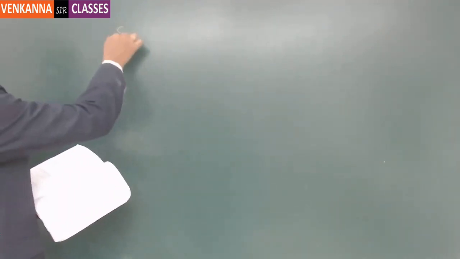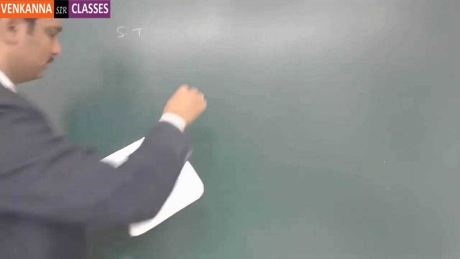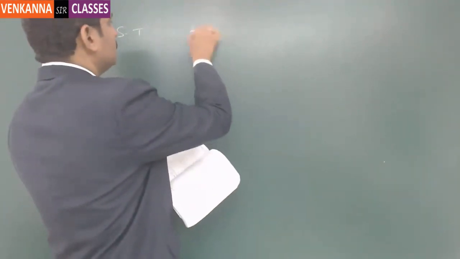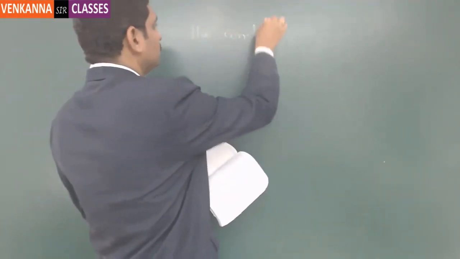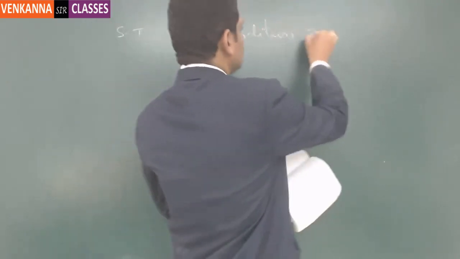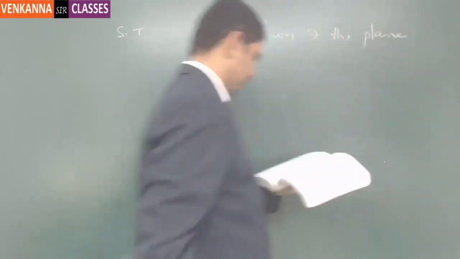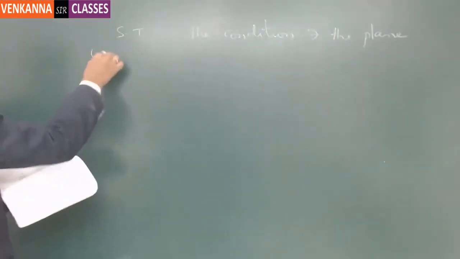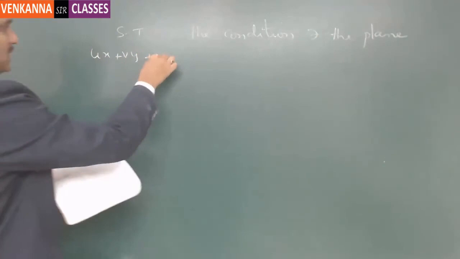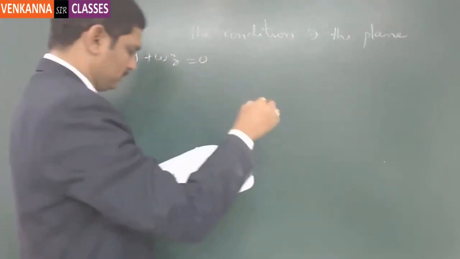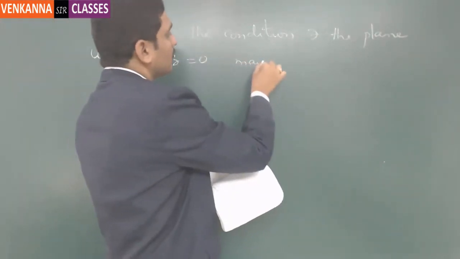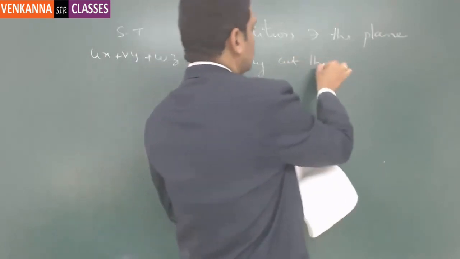So this problem is also very similar to the same problem I have taken now. Show that the condition such that the plane ux plus vy plus wz equal to 0 may cut the cone.